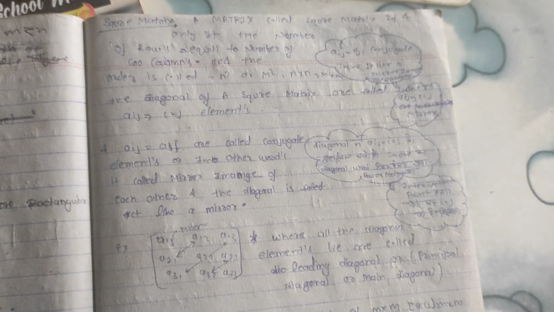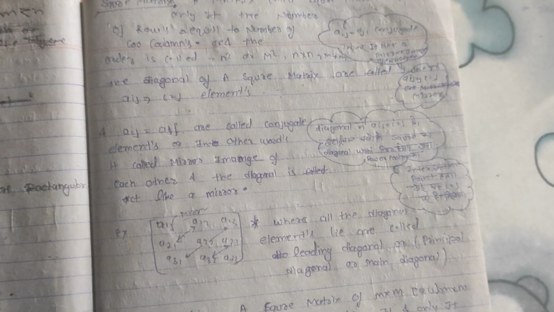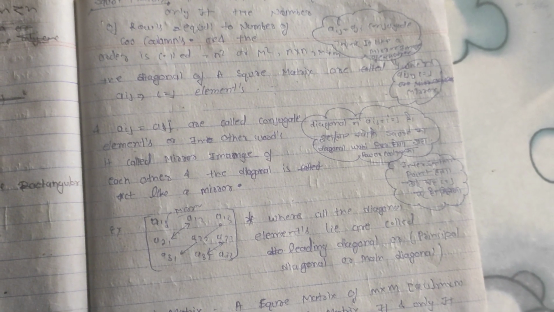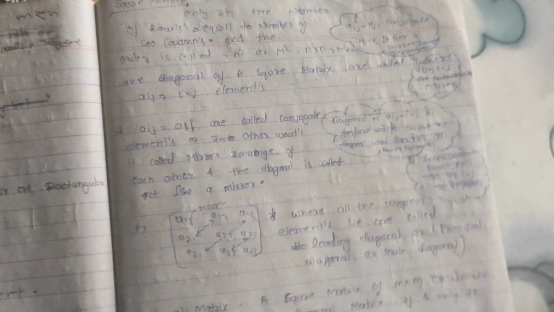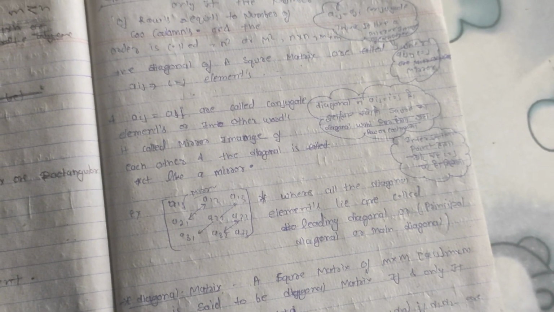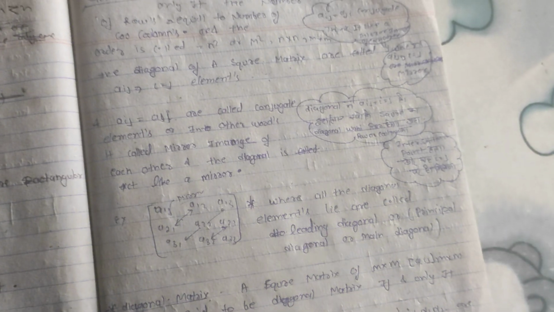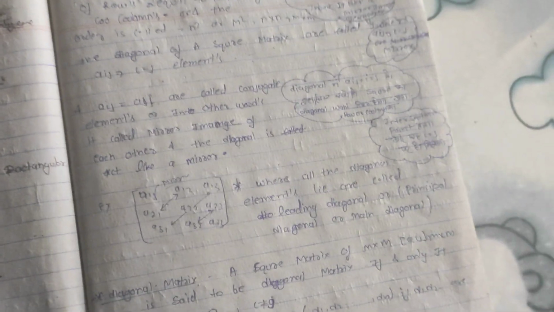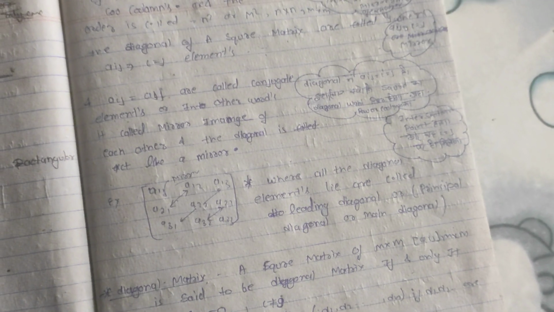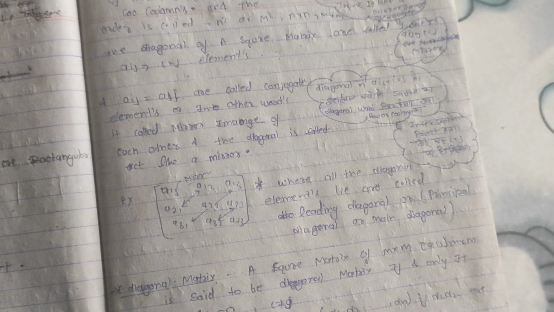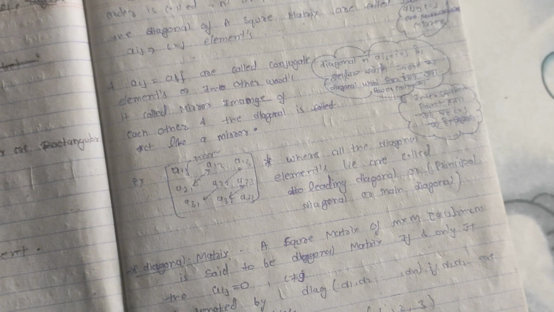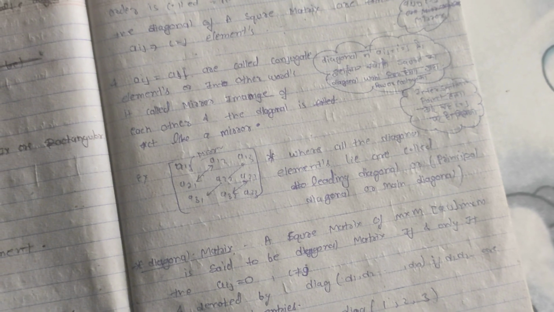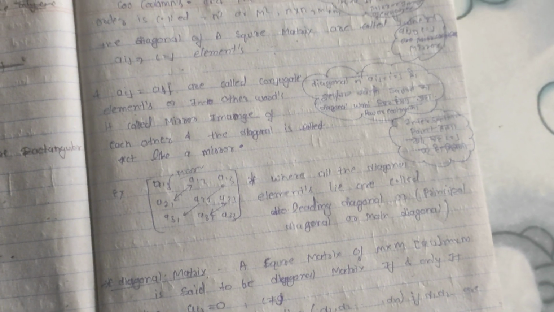The diagonal acts like a mirror. The upper side of the diagonal, that is aij, is the mirror image of the lower side of the diagonal, aji, and vice versa. That's why it's called a conjugate element: aij is equal to aji. Otherwise we say it is like a mirror image, and the diagonal elements act like a mirror.